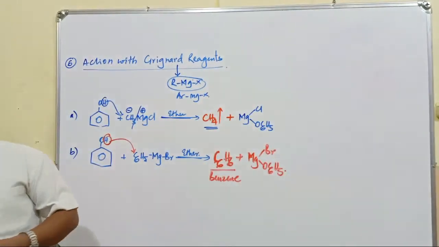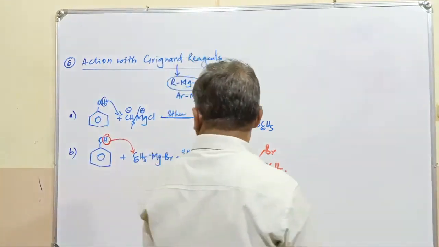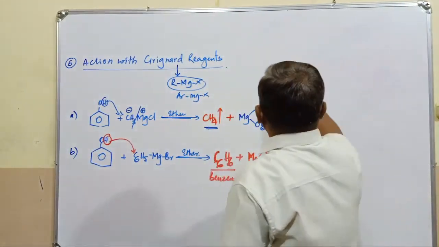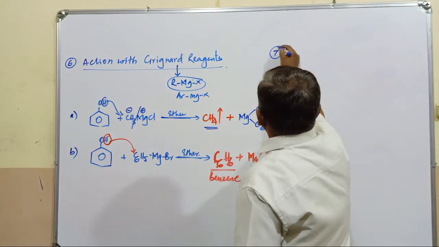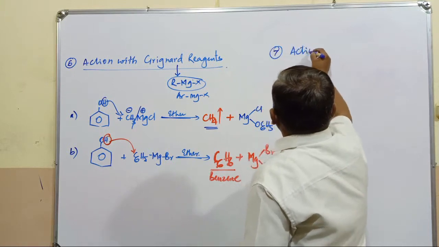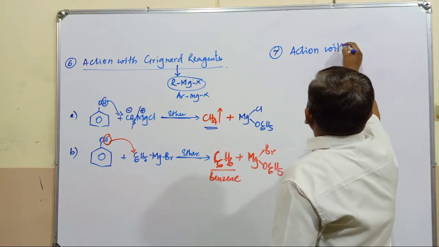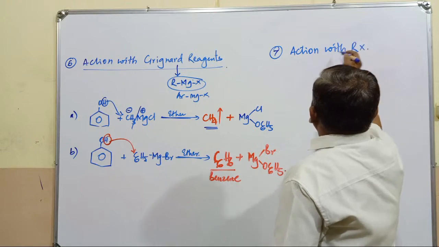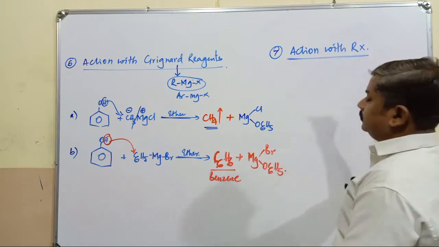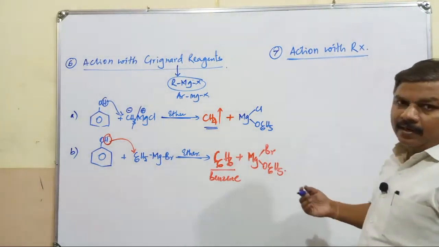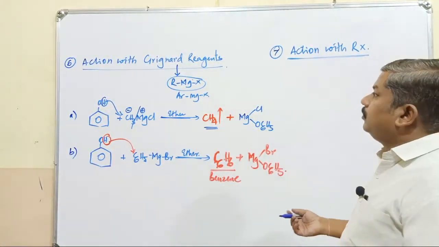After this, what happens when phenol reacts with alkyl halides? Number 7, action with RX. What is RX? Alkyl halide. Can take any alkyl halide: methyl chloride, methyl bromide, ethyl chloride, ethyl bromide, ethyl iodide.